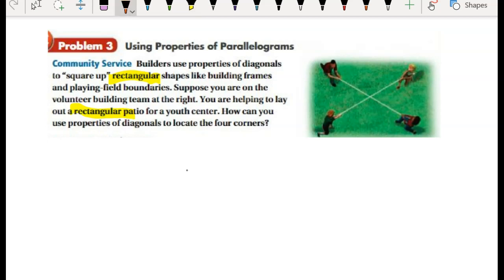So what do we know about these? Well, I know that if the diagonals of a quadrilateral bisect each other, then I have a parallelogram.